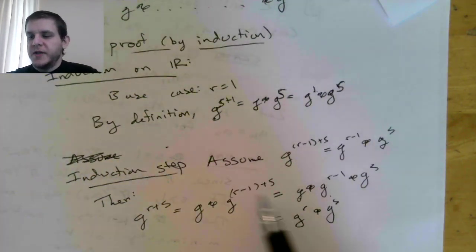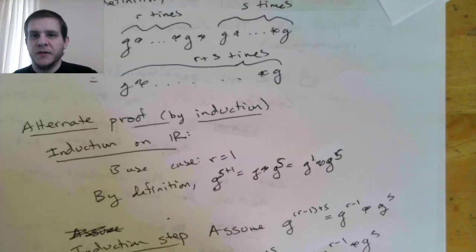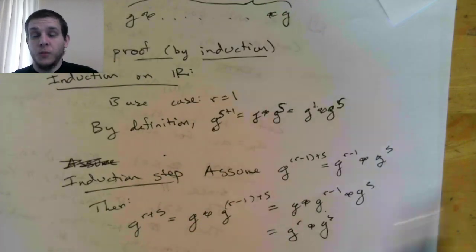So this proves the exponent rule just by being able to combine G one at a time.